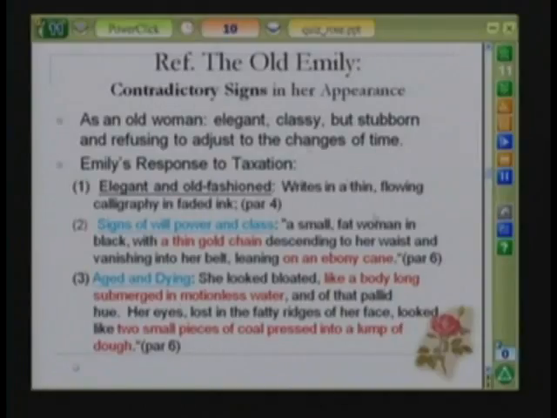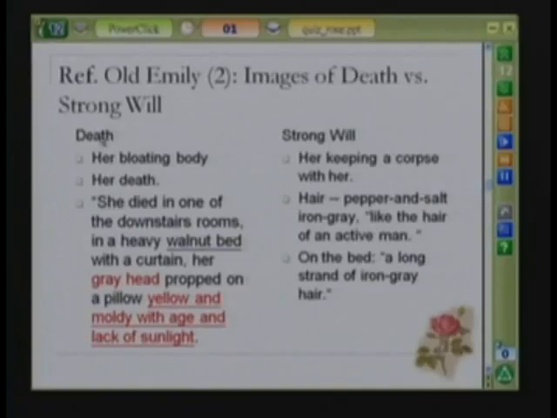This is the first image we have. Also, there are always images of her which show a contradiction between her deathliness and her strong will, like her hair, iron gray, like hair of an active man.